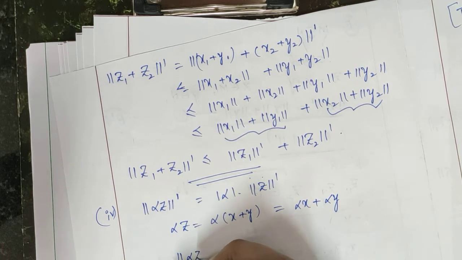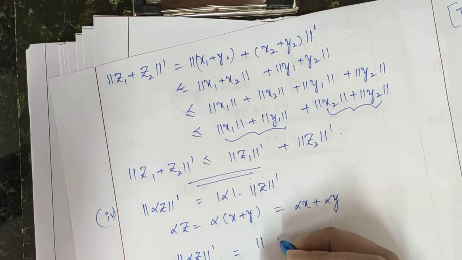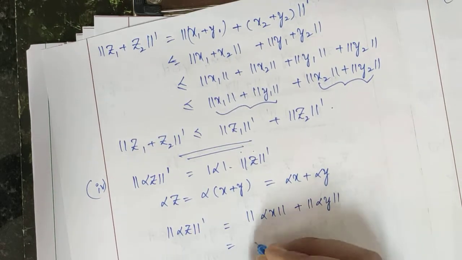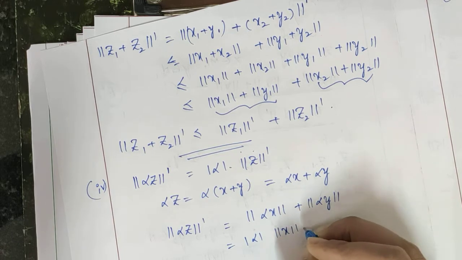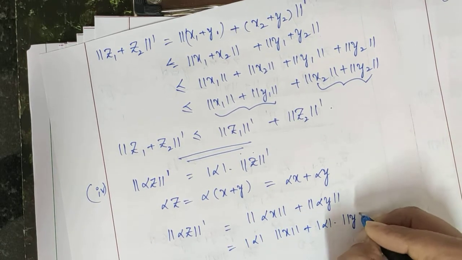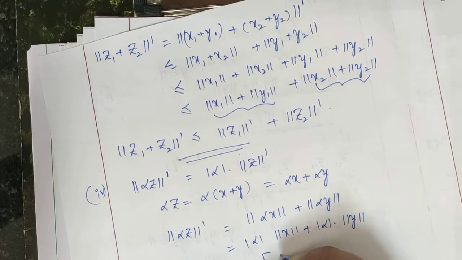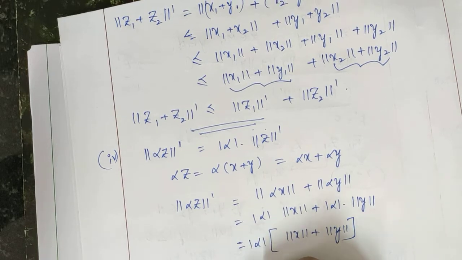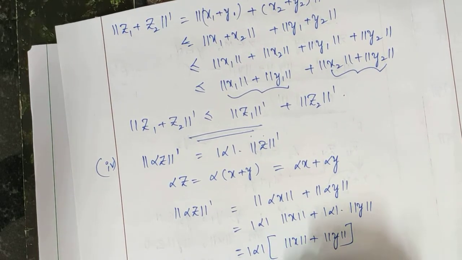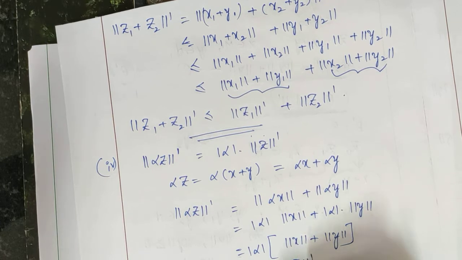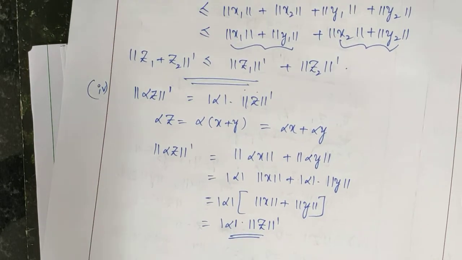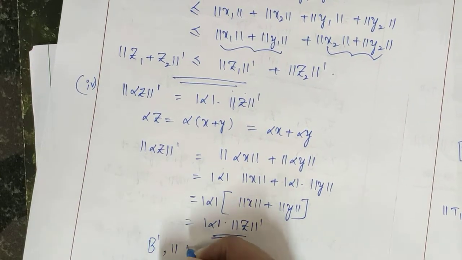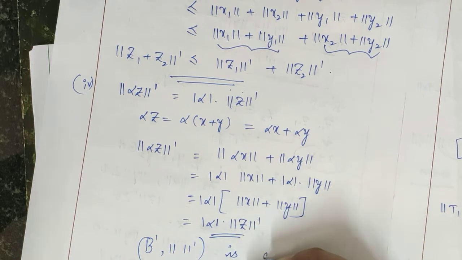So norm alpha Z whole prime is equal to norm alpha X plus norm alpha Y. This will be mod alpha norm X plus mod alpha into norm Y. I can take mod alpha as common, and this is norm X plus norm Y. So from this we can write mod alpha into norm Z prime. This is my fourth condition. So from this I can say that B prime, norm prime function is a norm.